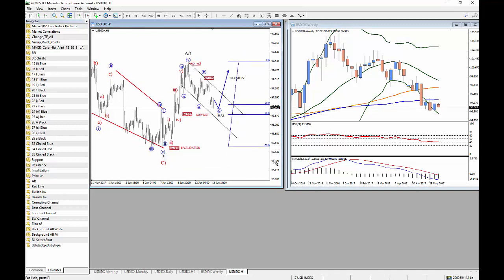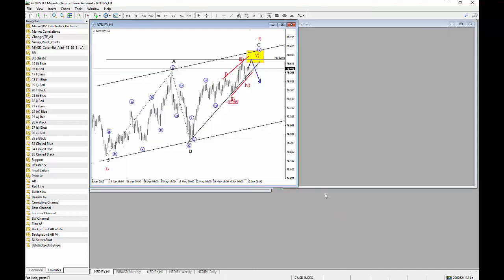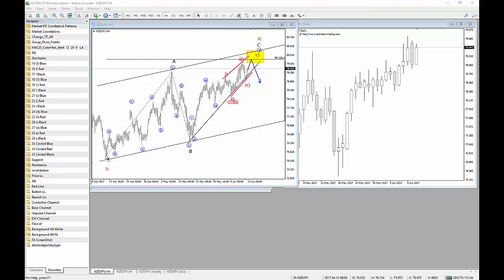Now the next market that I'm tracking very closely for potential setups is actually New Zealand against the Japanese yen. Just let me find it, here it is. We had a very nice recovery from April lows, but it appears to be a corrective one.